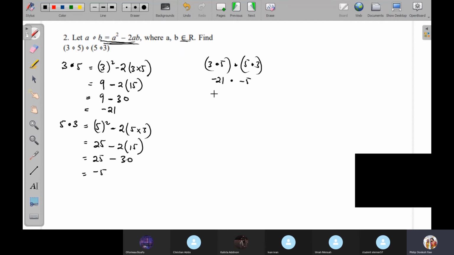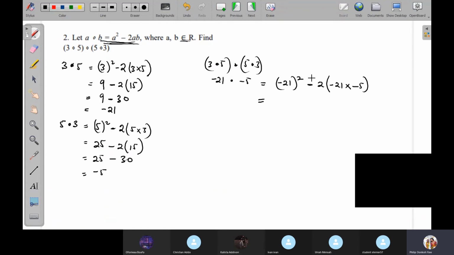That is going to give us negative 21 all squared minus 2 into brackets negative 21 times negative 5. Please, does it make sense? Yes, please. All right, so negative 21 all squared, what answer does it give us?